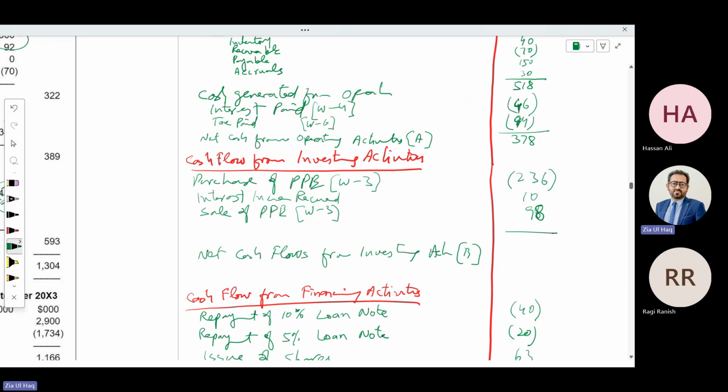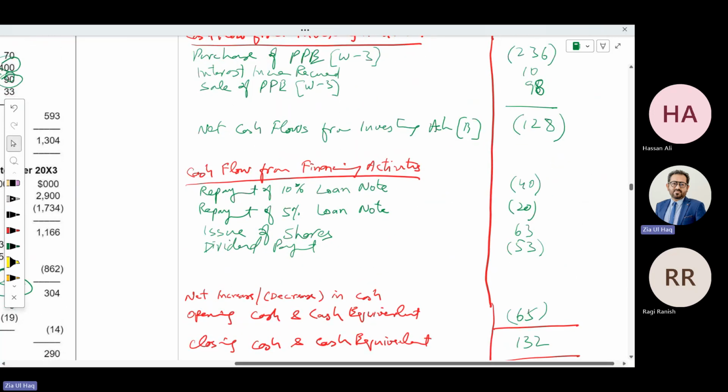How much? 128 negative. And now see C, net cash from financing activities. How much is that? 50 negative.